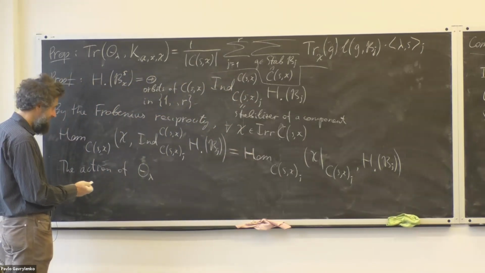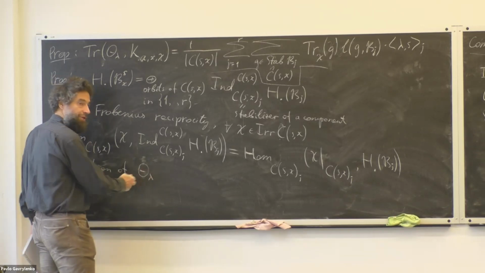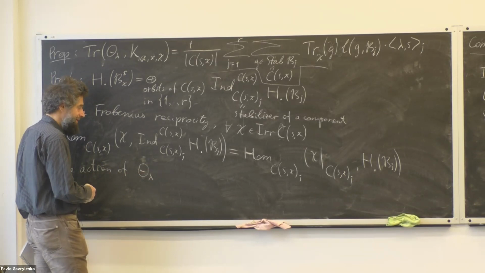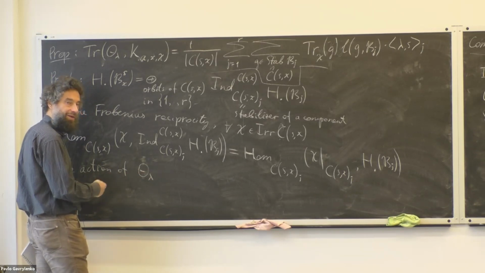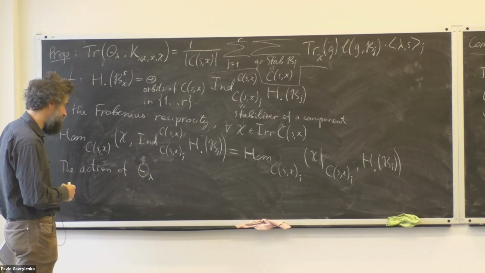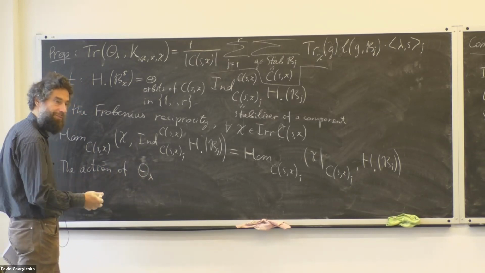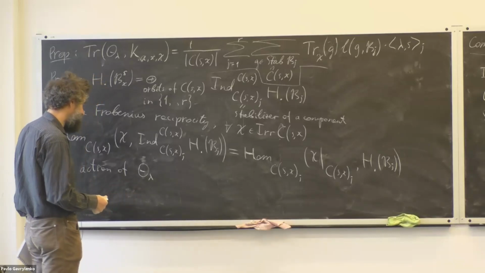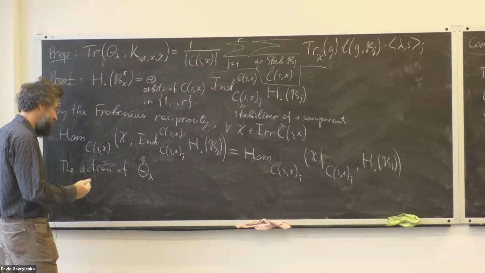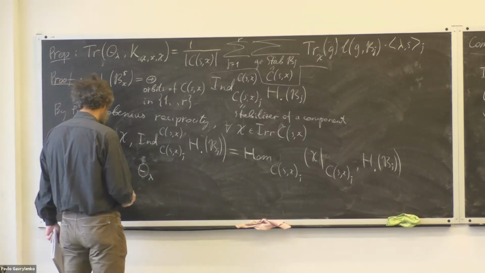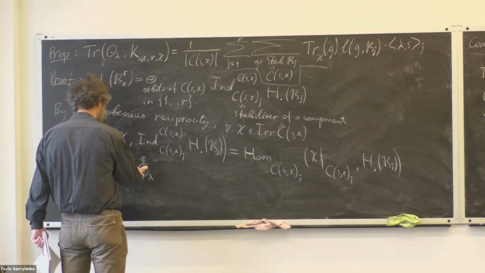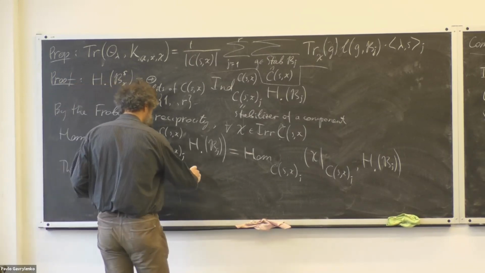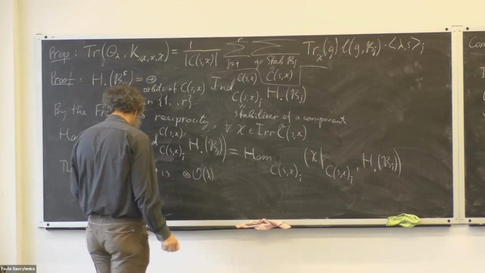The generators were of this sort, and the action was simple, just by twisting by line bundle, and also the standard generators of the finite Hecke algebra, and then it was rather complicated, convolution with some vector bundles on the projective lines or something like this. So the action of this part is just multiplication by the line bundle of lambda.